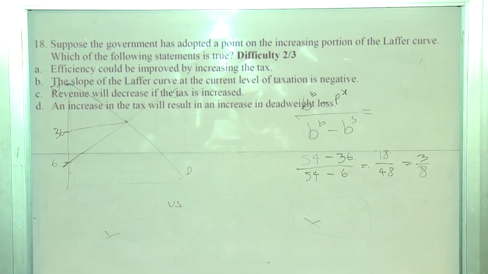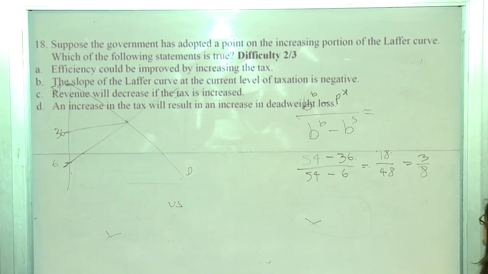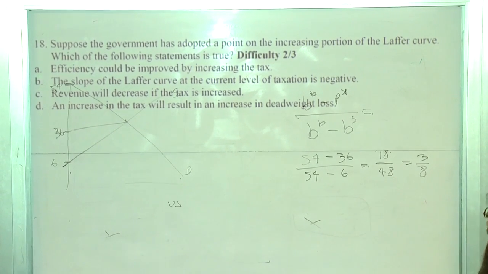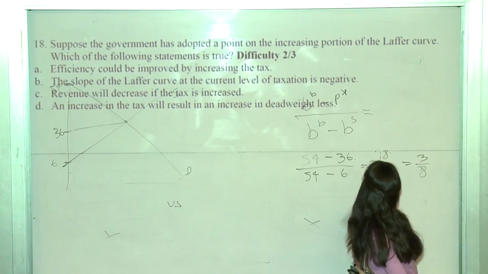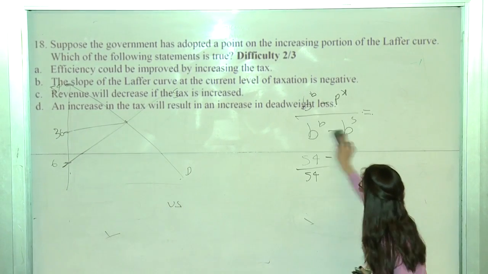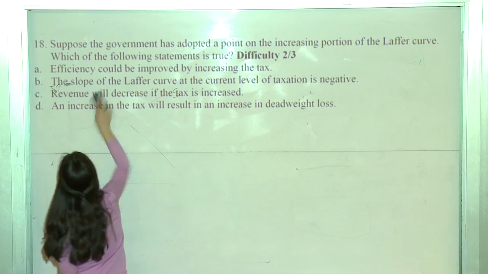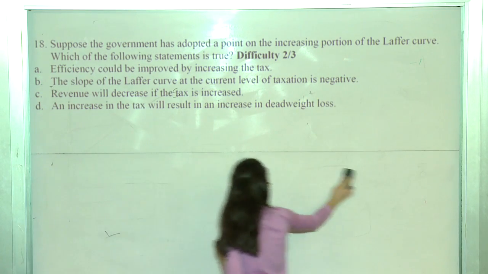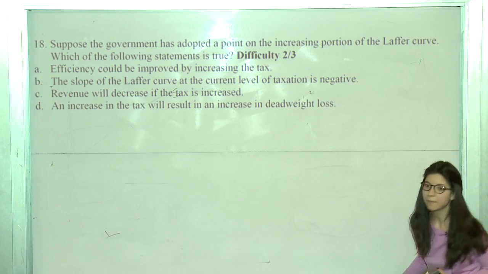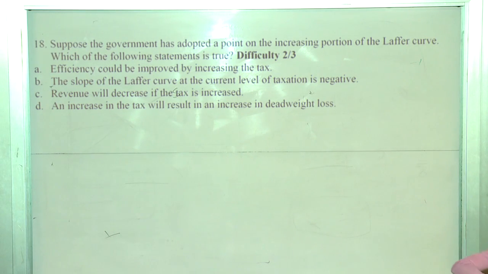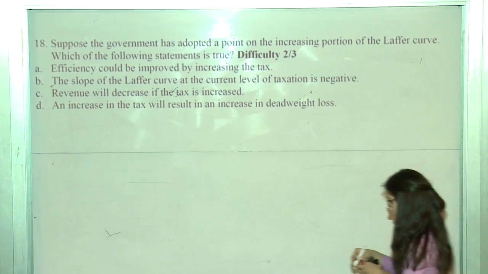Suppose the government has adopted a point on the increasing portion of the Laffer curve. Which of the following statements is true? So, recall that the Laffer curve basically plots the relationship between the tax rate and the tax revenue. So it looks like the following.